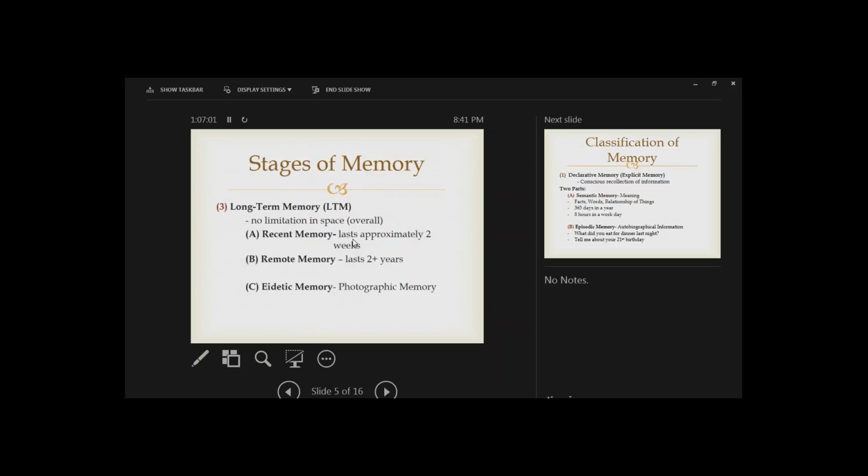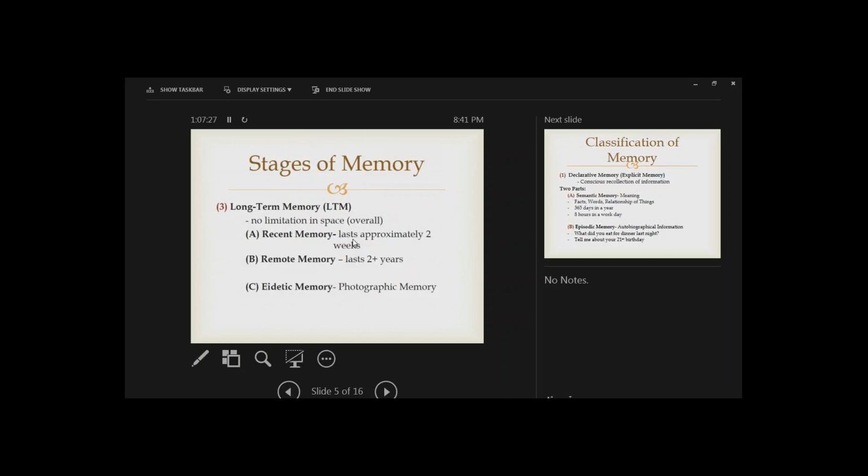Why do you think it's recent? It's not ingrained. Yes. So it's not ingrained. There's multiple reasons why, but it's not crystalline. It's not like it's been rehearsed over and over and over again. There's also other theories, but for now, just know that.